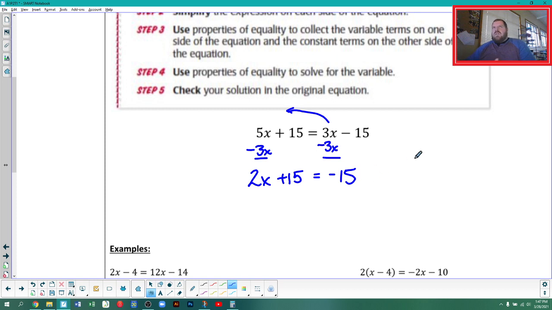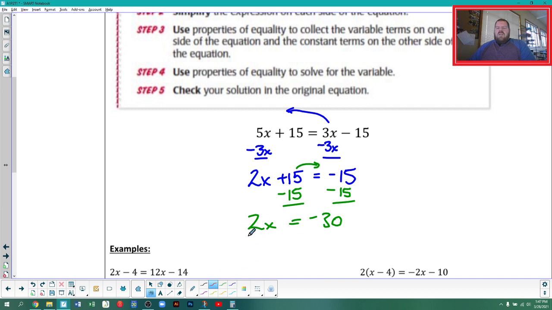Now it's really just a problem from yesterday where I have a two-step equation. But I'm going to keep that same mentality and move the 15 to the other side. I'm going to do that by subtracting 15. Negative 15 minus 15 is negative 30.